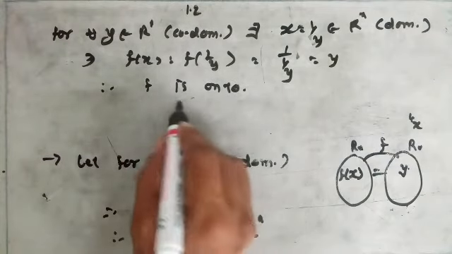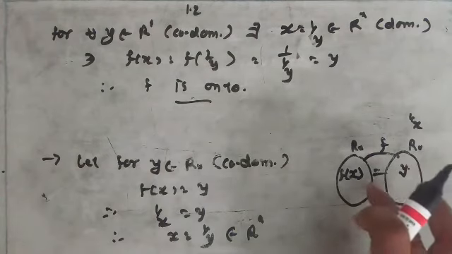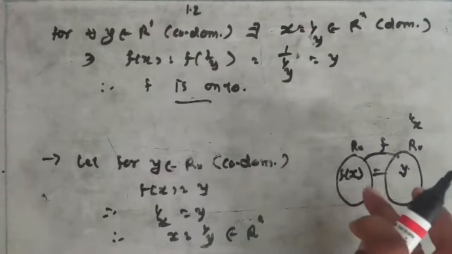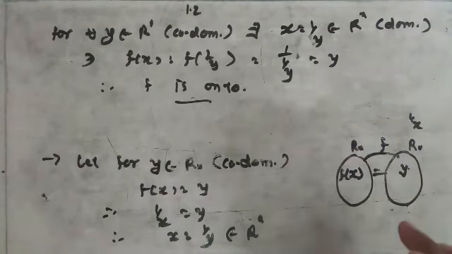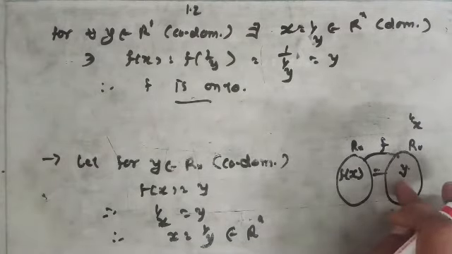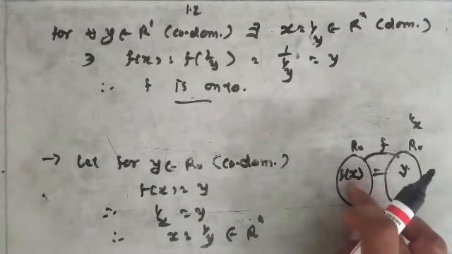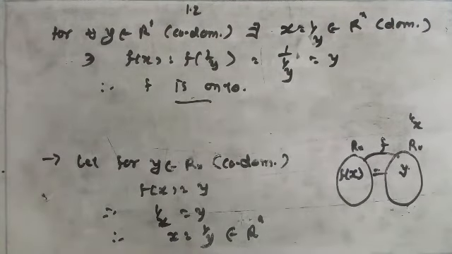Clear? So first we proved the given function is one-one, taking x1, x2 belongs to R star, f(x1) is equal to f(x2), and proved that x1 equals x2. And to show that the given function is onto, take y belongs to R star, and we found x belongs to R star domain such that f(x) is equal to y, and we proved that the given function is an onto function.